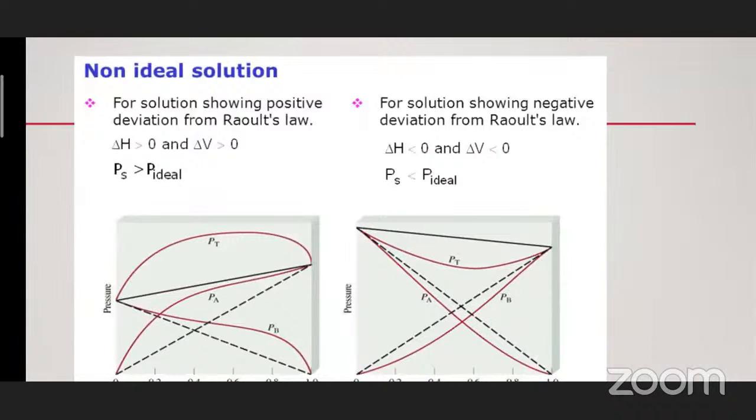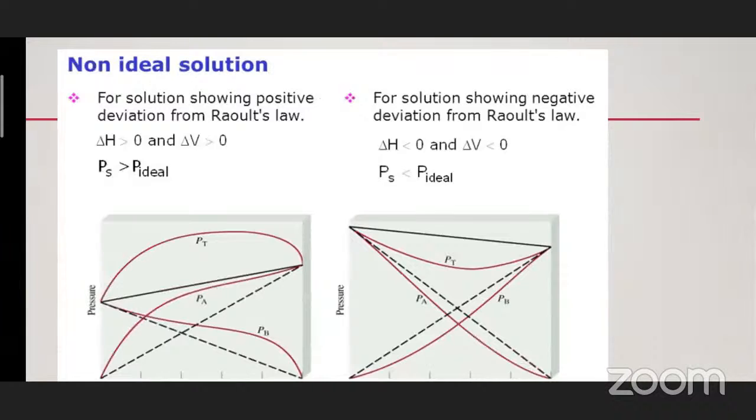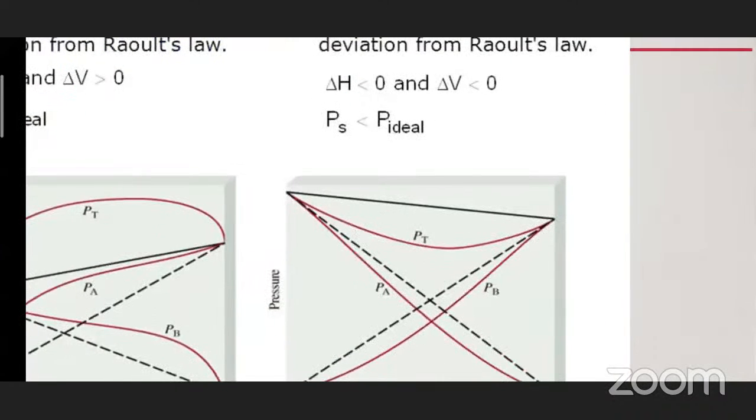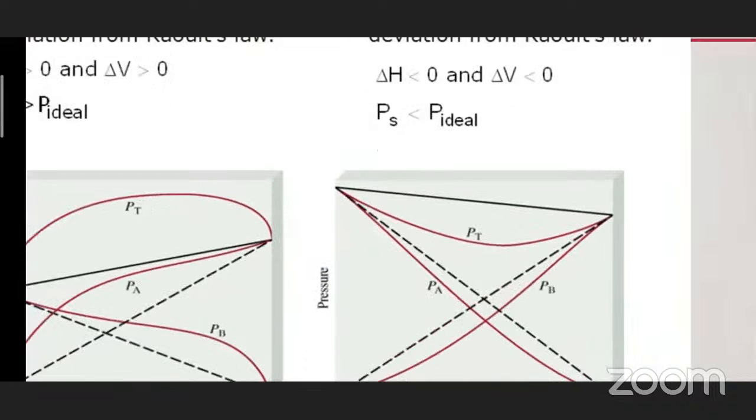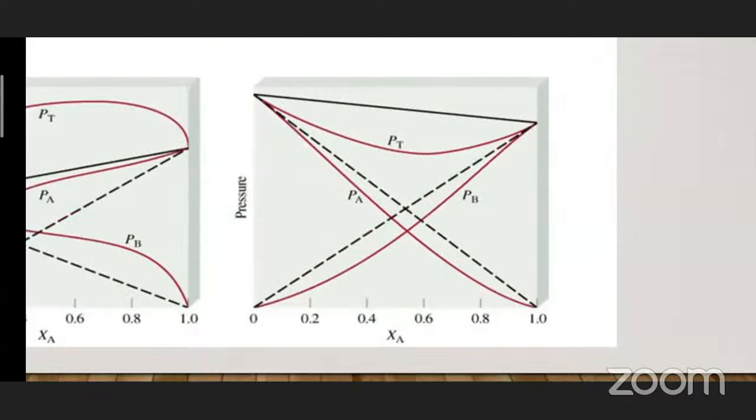Now, let us see the graph for the negative deviation. Same thing over here. The dotted lines are the expected vapor pressures because of Raoult's law. And these red lines are the practically obtained values of vapor pressure. And see, these red lines are below the dotted lines.